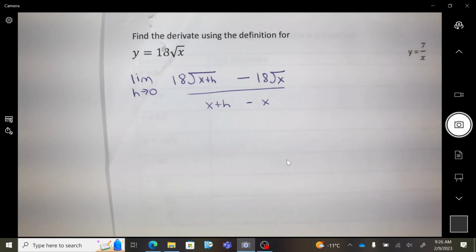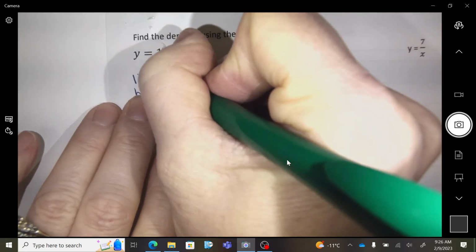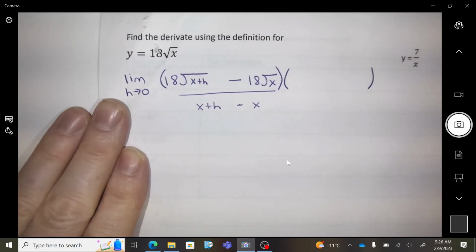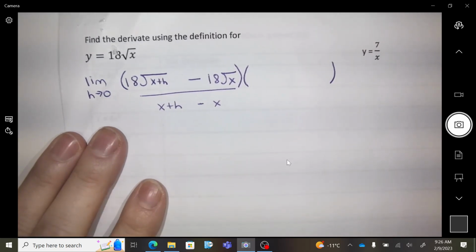Multiply by, what's the C word? Remember that word? The conjugate? Does that ring a bell? So what is the conjugate?